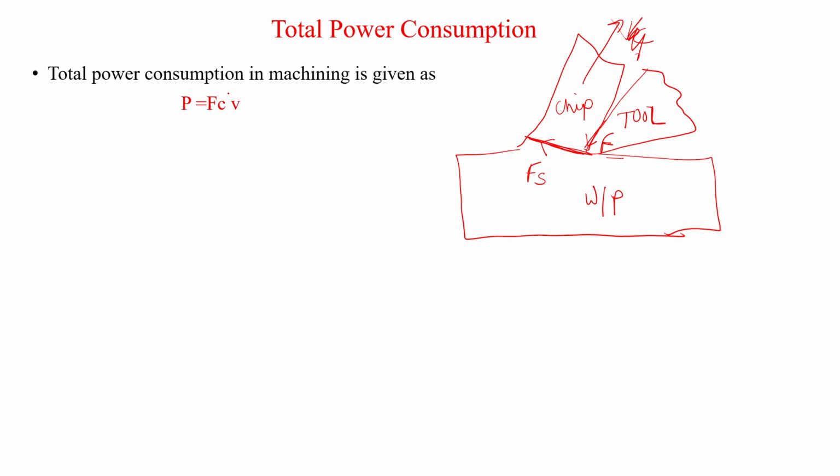Fc is the total cutting force and V is the cutting velocity. What is the formula of power? Power is F into V. So for total power, you need to find the cutting force and the cutting velocity.